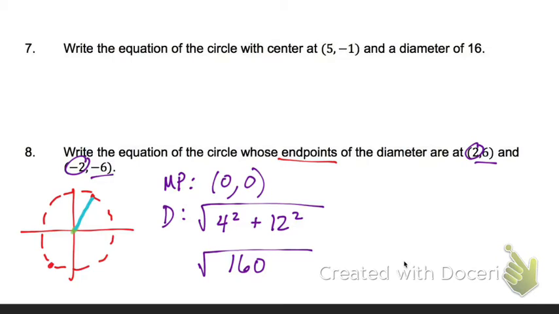So 16 and 10. The square root of 16 is 4. So 4 root 10. And that's my diameter. But if I want to find my radius, what do I do? Divide by 2. So then it becomes 2 root 10.